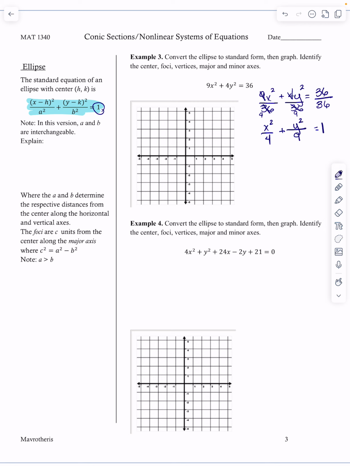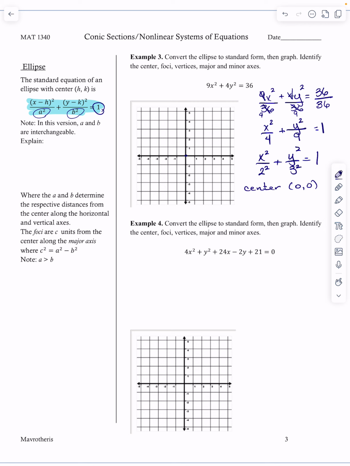And so notice something. In our equation, this is listed as a squared and b squared. So I'm going to write it that way. X squared over 2 squared and y squared over 3 squared. It's x minus 0, y minus 0, so our center is at the point 0, 0.